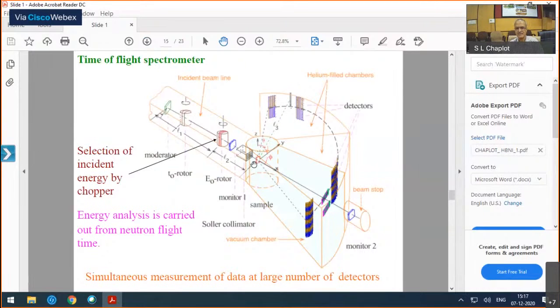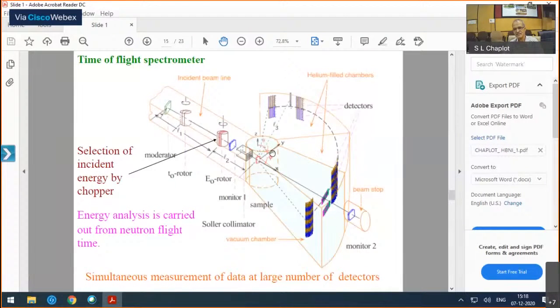On the scattering side, from the sample, in the time-of-flight spectrometer you wish to cover a large range of the solid angle, and therefore a large number of detectors are placed over a large semicircle. These are vertical, position sensitive type detectors.